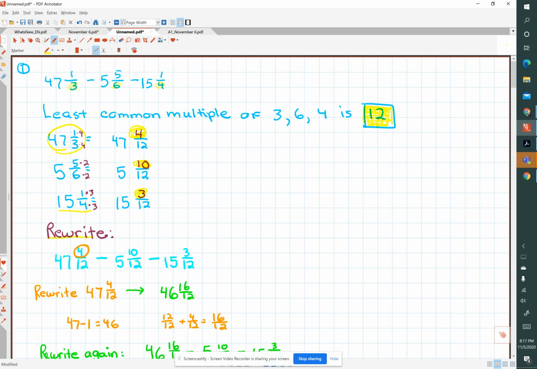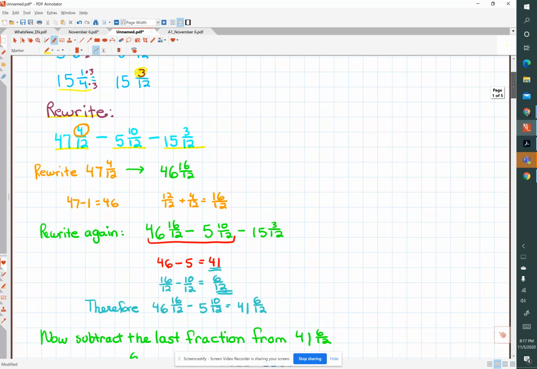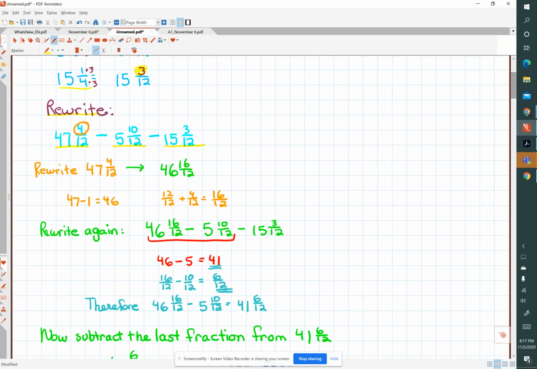Now, let's rewrite the problem, and I did here. I've got 47 and 4 twelfths minus 5 and 10 twelfths minus 15 and 3 twelfths. I'm going to move the page down a little bit. What I notice is I want to subtract the first two numbers, but I need to subtract 10 from 4, and that's going to be a problem. So I need to borrow from 47. So 47 minus 1 is 46.